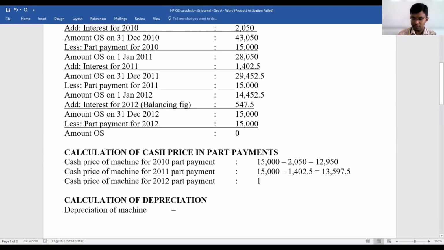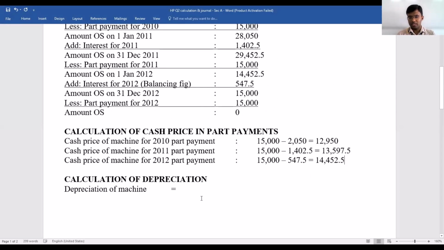That will give you the cash price component. Next one is 15,000 minus 547.5, and when you do so, you will get the cash price component. That will work out to be 14,452.5. So with that, we have got the cash price component for each of these part payments.